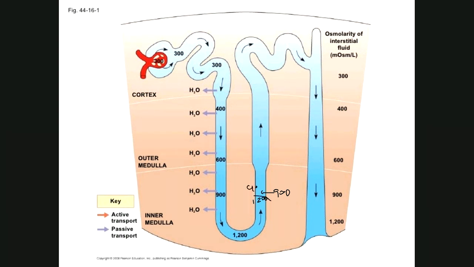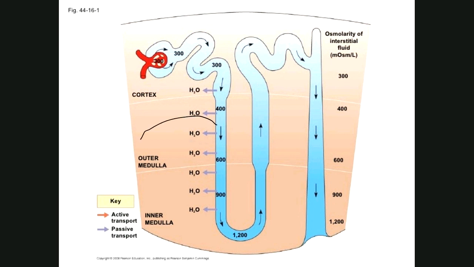And if I went all the way back up, it would be 300 again back here, and I would have done absolutely nothing because the water would just come back in. I'd have the same amount of water that went out, it would come back in. But remember, these two sides of this loop of Henle are different.